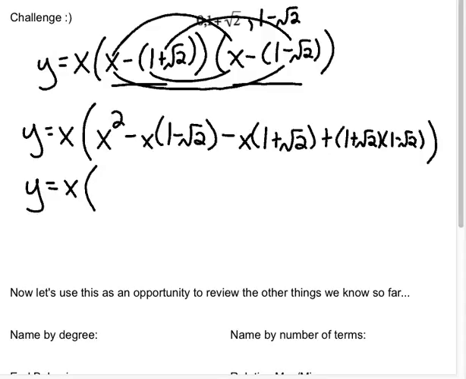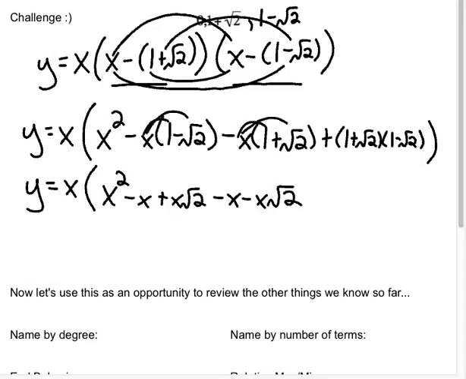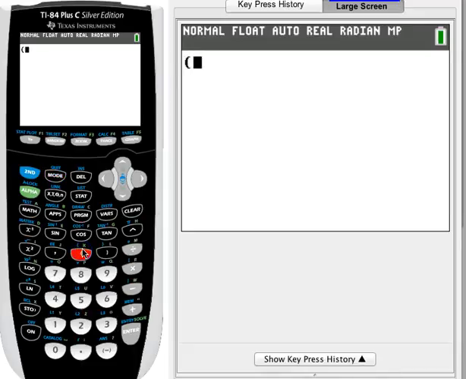Well, let's continue focusing on the parenthesis. Now I have to distribute that negative x. And now, above everything else that I just did, I have to FOIL this out. Now, because those are all just numbers, I'm going to make this a little bit easier on myself, because my calculator can actually help me with this.